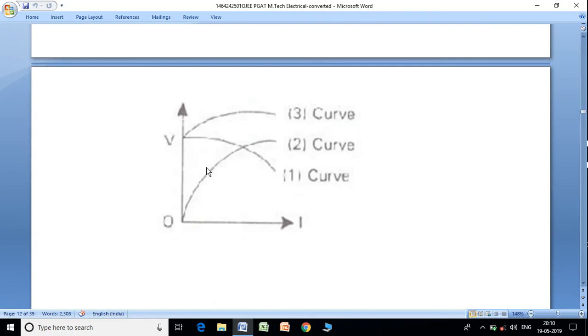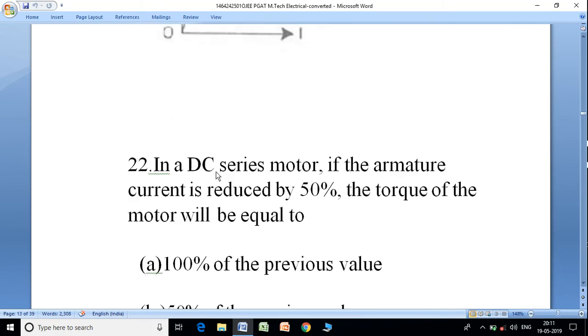So this curve 2 represents the DC series generator, because in case of a DC series generator, it sharply rises, that is, when load increases, the terminal voltage also increases. Therefore, this is best suited for a DC series generator.